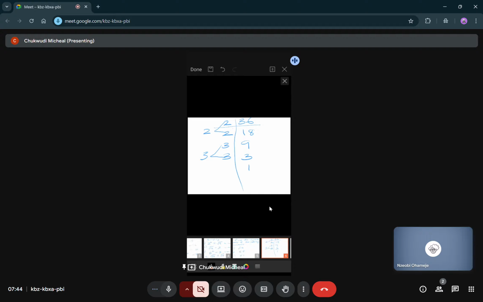Hence, I can now see that I'm having just 2 times 3. Out of these 2 3s, I picked 1. So the square root of 36 is going to be equal to 2 times 3. And what is 2 times 3? 6.